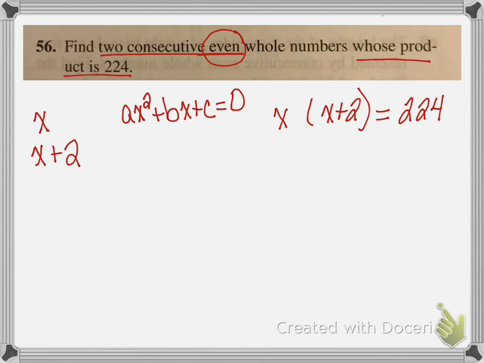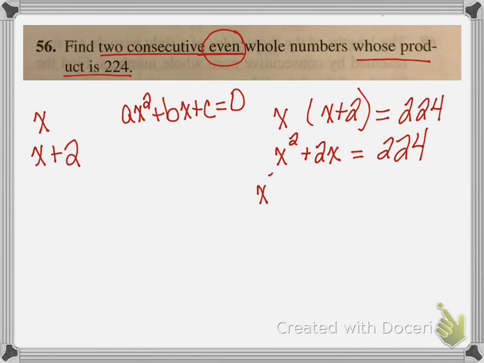So x times x is x squared. X times 2 is 2x. So I've just distributed that. That equals 224. Now, to get it into standard form and set equal to 0, what do I have to do with that 224? Subtract.